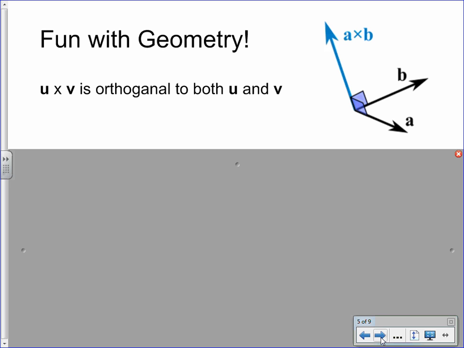If we have two vectors, no matter where they are, when you find the cross product, you're going to get a vector that is perpendicular, or what we call orthogonal, to both of them. In this picture, you can see that our vector A cross B is perpendicular to A and perpendicular to B.